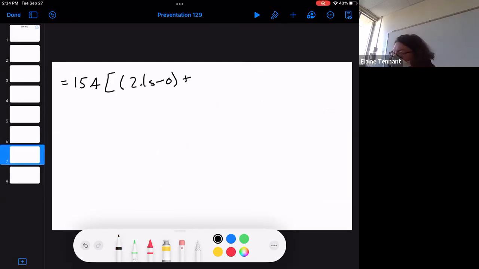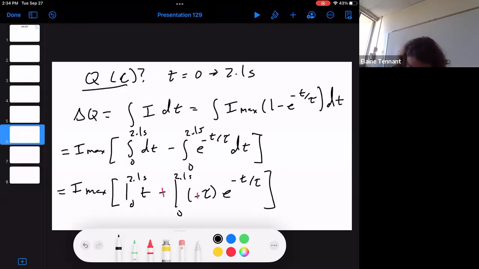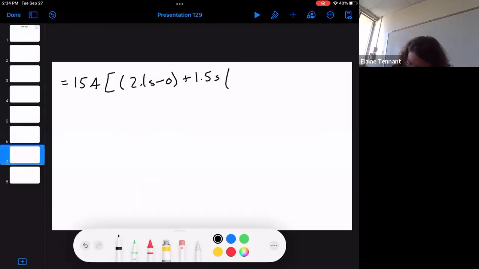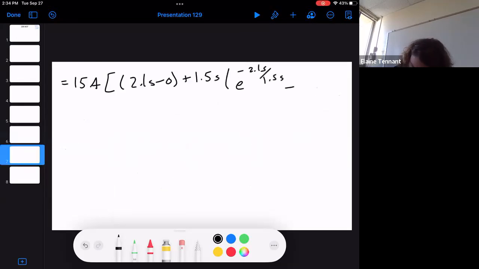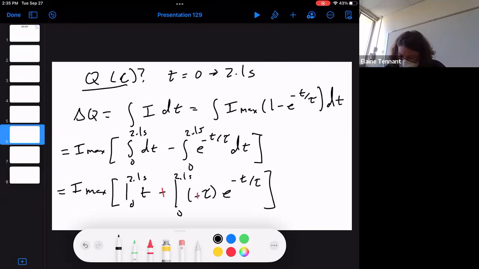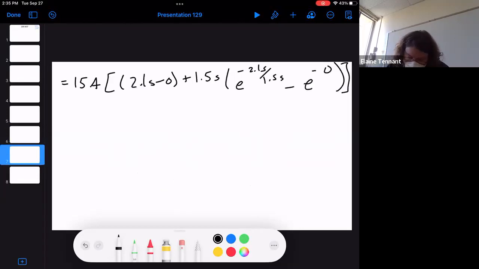So I have plus 1.5 seconds times e to the negative 2.1 seconds over 1.5 seconds minus e to the negative 0. What is e to the 0? 1. Perfect. Just like everything else to the 0, right? Okay, I think this all looks pretty good.